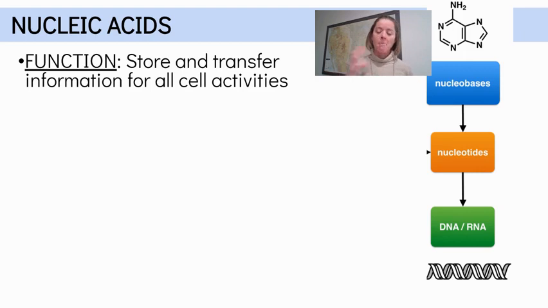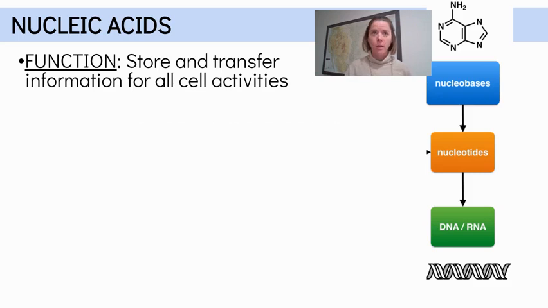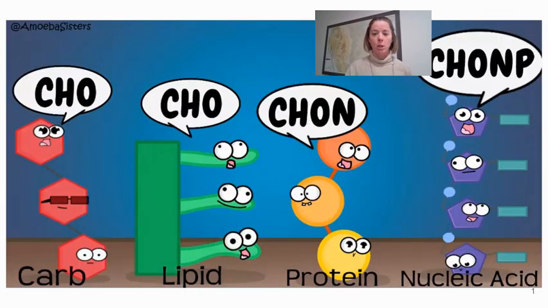Hold that thought, it's again a bigger group than just DNA and RNA. There's one more important component that is in here. Elements, finally, all of them. We like to use that acronym, back it up here a little bit, CHOMP. So if you look at all of these all the way across the board, this cartoon image really does give you a great idea of all of the components that go into everything and their general structure.